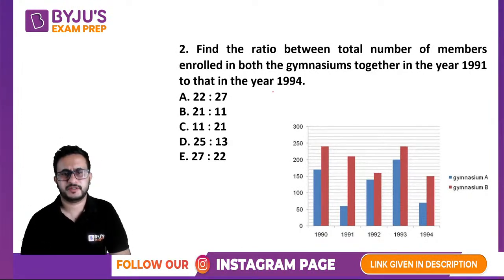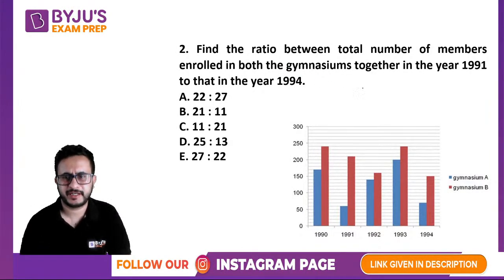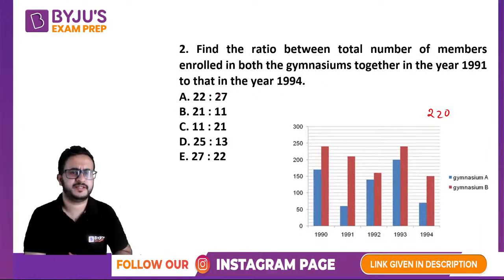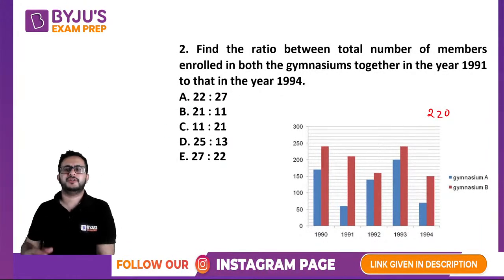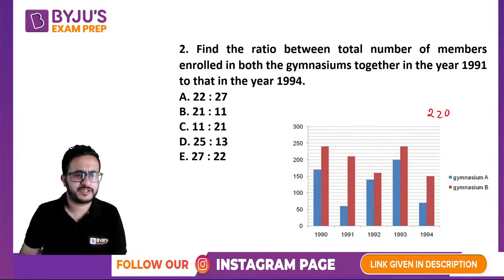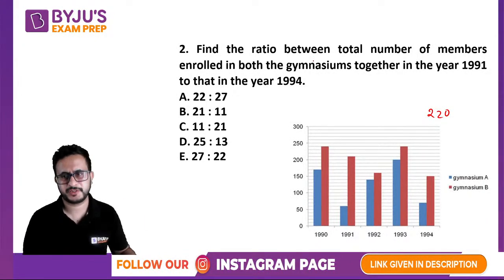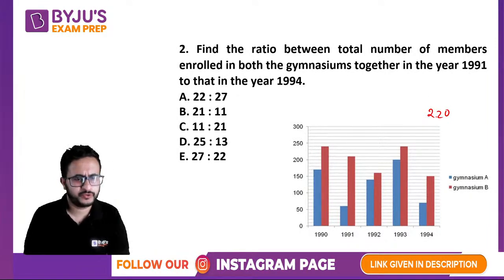So the ratio between the total number of members in 1991 and 1994. In the previous question we saw 1994 was 220. Okay. So one thing, although there are options, you can eliminate some. Sometimes you do not need to go into actual calculations. You can get these things done in a faster way if you know the data from the previous question, right? So this we know is 220.